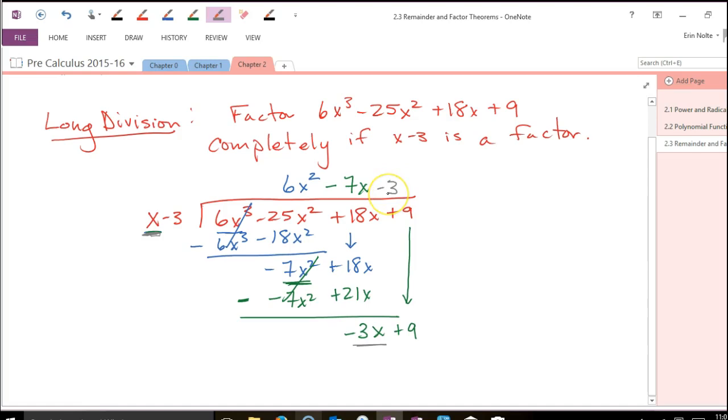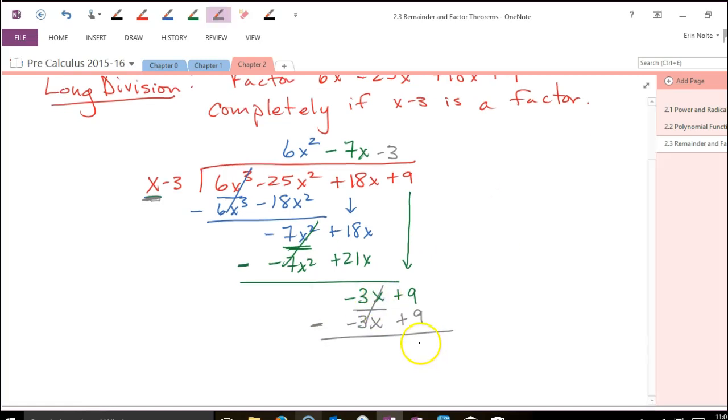So negative 3 goes up top, and I multiply it through. Negative 3 times x is negative 3x. And what's negative 3 times negative 3? Positive 9. When I subtract, my x's go away. What's 9 minus 9? 0. What did I just find? The remainder.